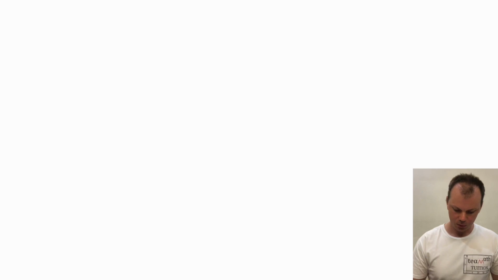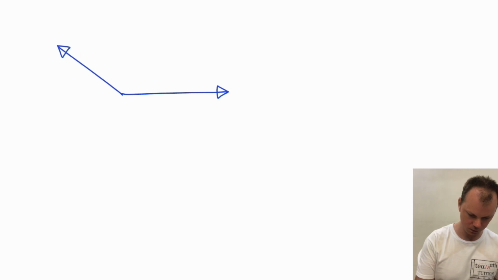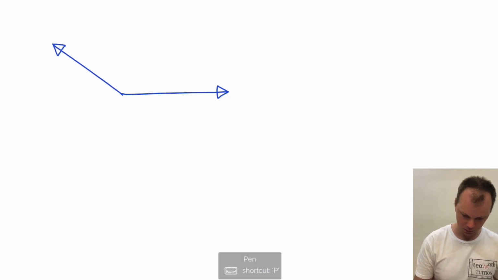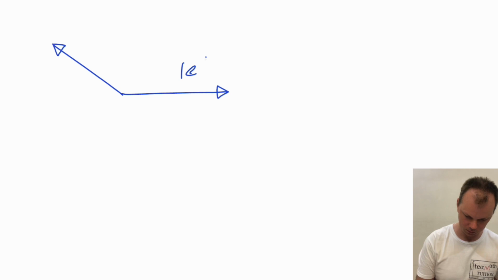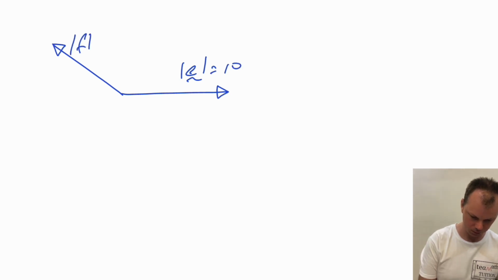Let's do another example. In this example, let's have vectors pointing in different, sort of opposite, directions like this. I have E and F, and let's say there's 170 degrees between them.